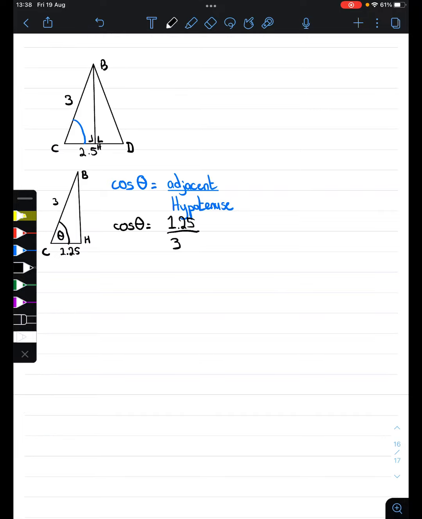And so theta, if we use our cosine inverse function, equals cosine inverse of 1.25 over 3, which equals 65.4 degrees, or 65 degrees to the nearest degree.